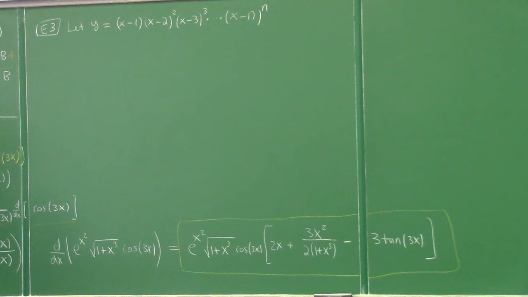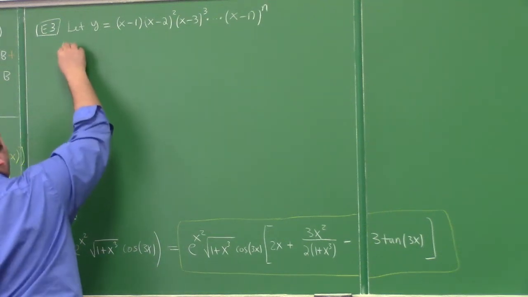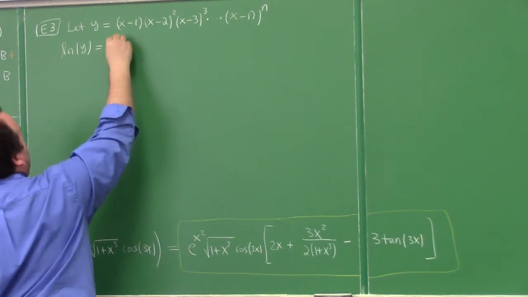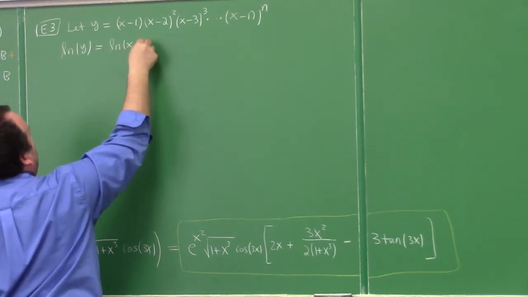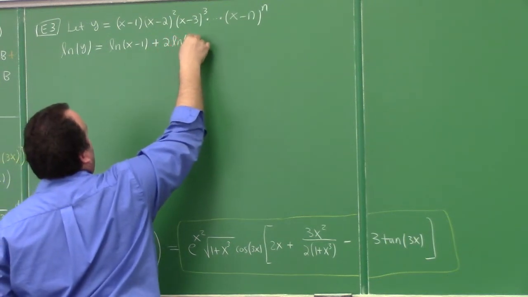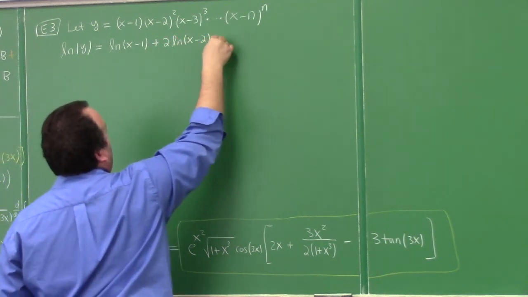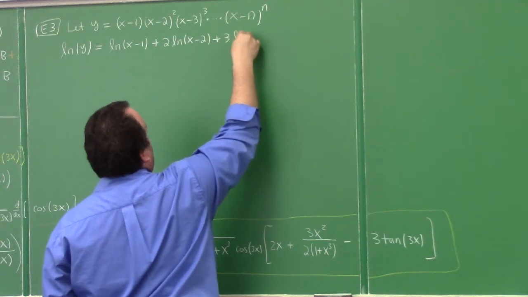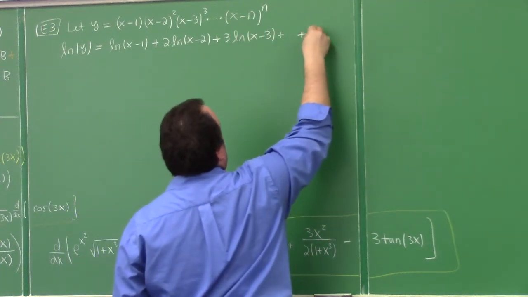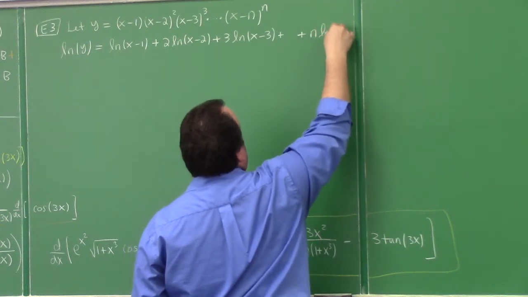We take the natural log of y. And what do we get? We get natural log of x minus 1 plus 2 times the natural log of x minus 2 plus 3 times the natural log of x minus 3 plus n times the natural log of x minus n.